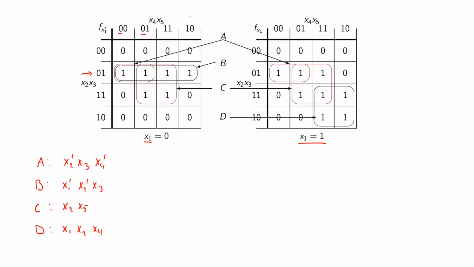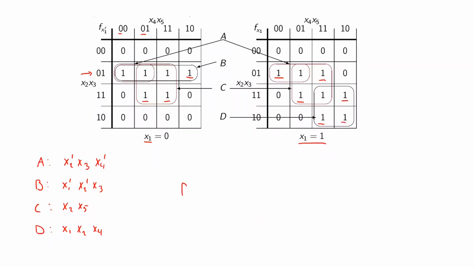We can also see that all of these prime implicants are essential. For example, A is essential because of this one here, it's the only one that covers this one. B is essential because of this one here. C is essential because of this one here, this and this. And D is also essential because it's the only box covering this, and this one here.